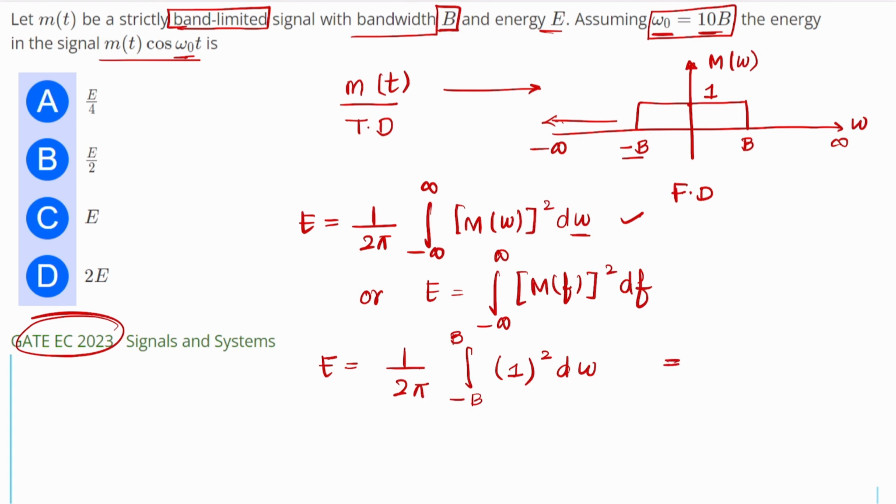If we solve it, we will get the value of energy equal to B by pi. So if we calculate the energy of the m(t) signal, it becomes B by pi.